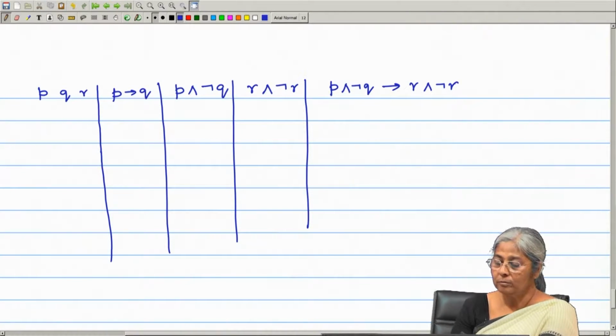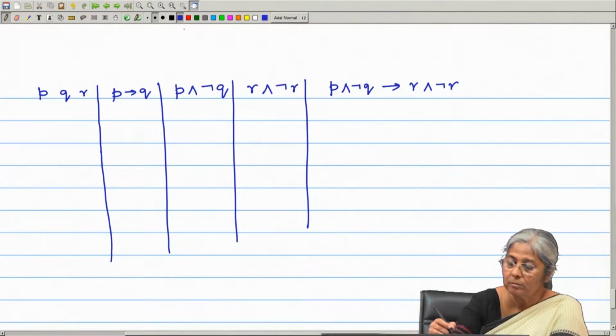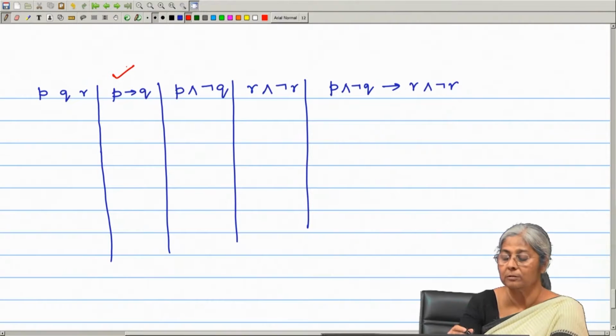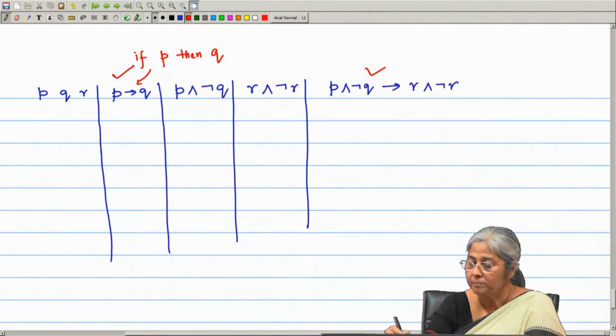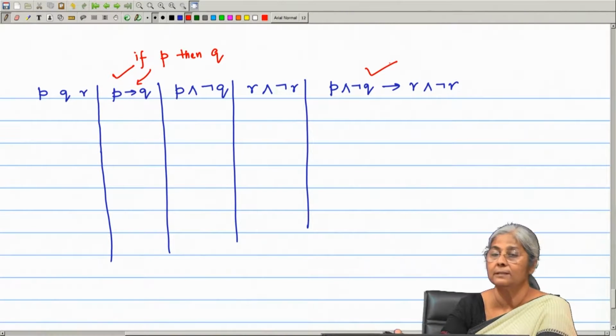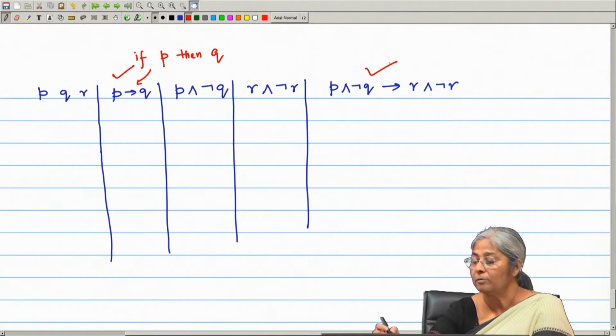Now, we have to show this for P implies Q, because this is the theorem that we want to prove, that means if P then Q, which is P implies Q, and P and negation Q implies R and negation R. What is the basic principle of contradiction?